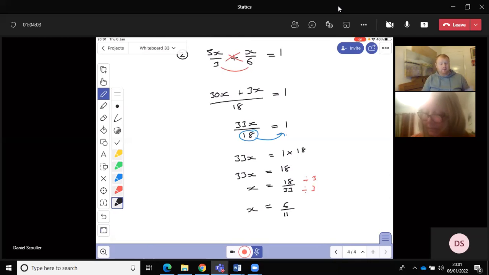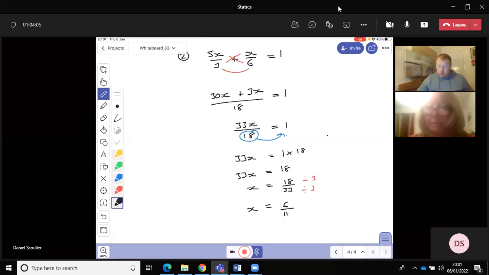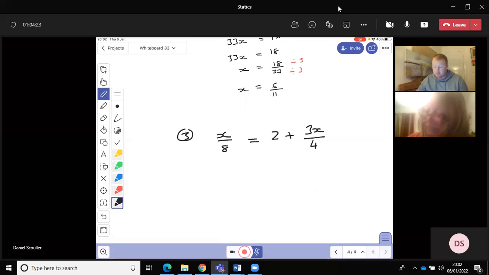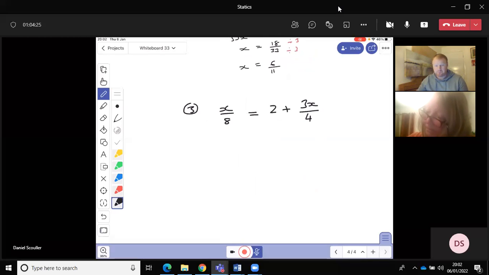Now, a wee bit of added complication is we've got fractions on two sides, and we just need to tidy it up a wee bit. We want all the x terms on one side, so we're going to solve for x.